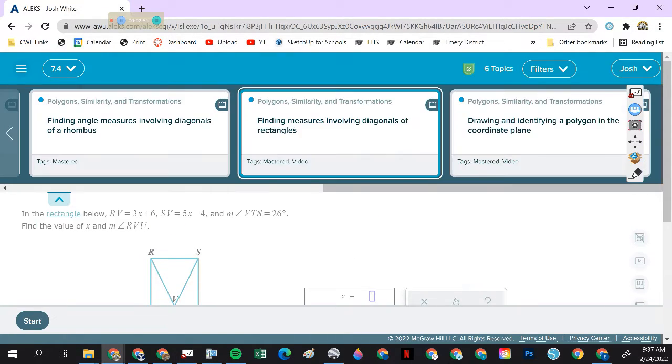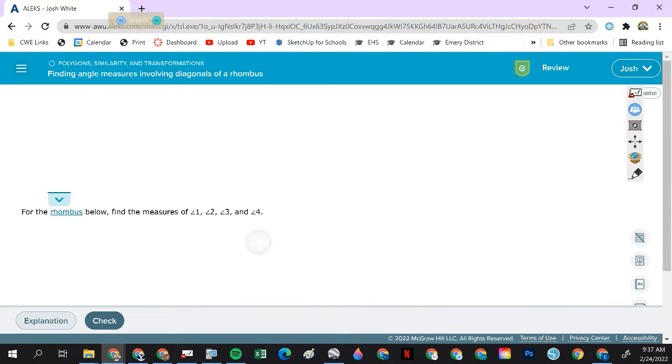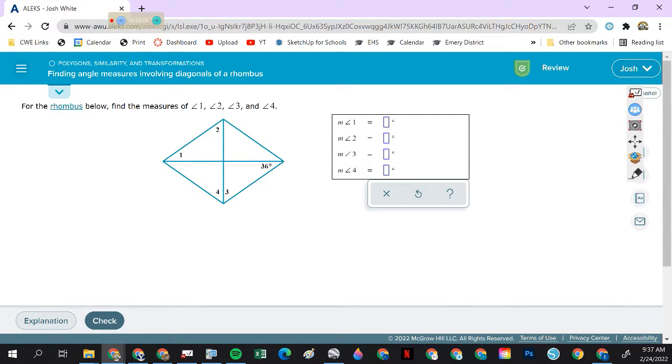All right, next up. Rhombus. In a rhombus, you have 4 equal sides. And this angle equals that angle. And this angle equals this angle.